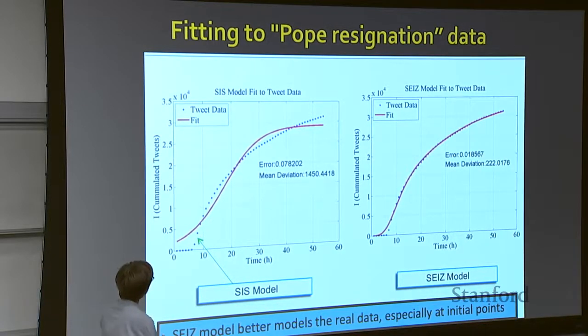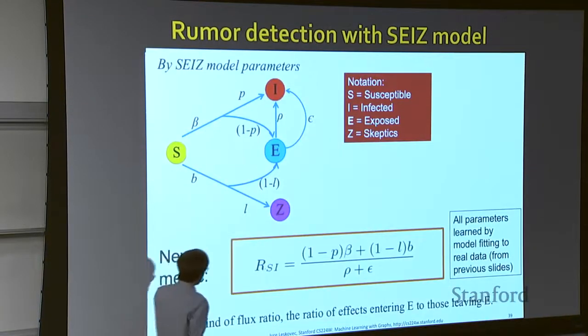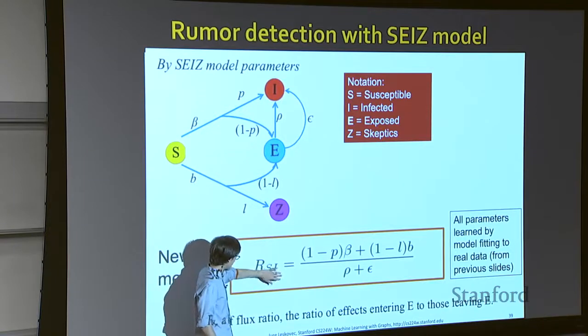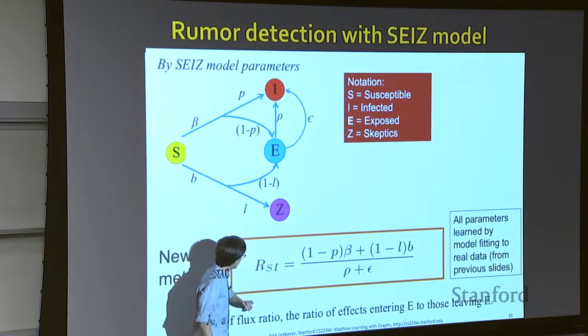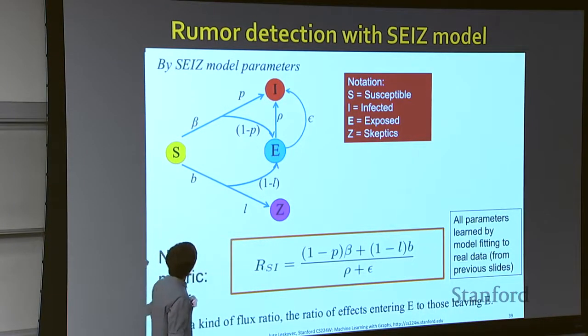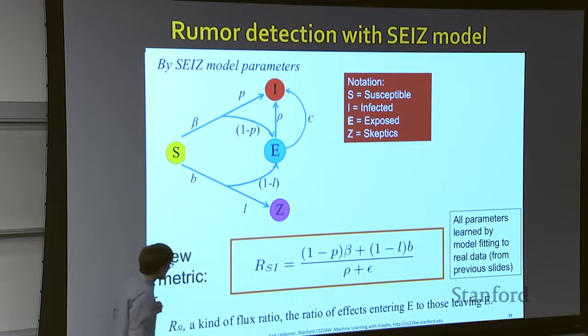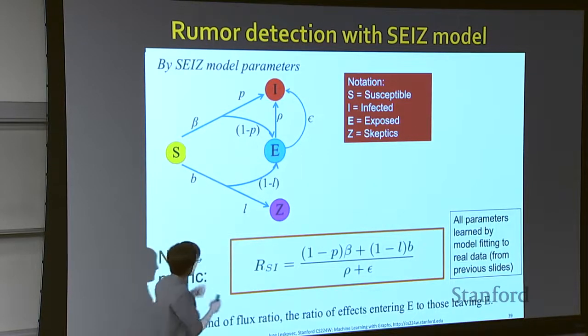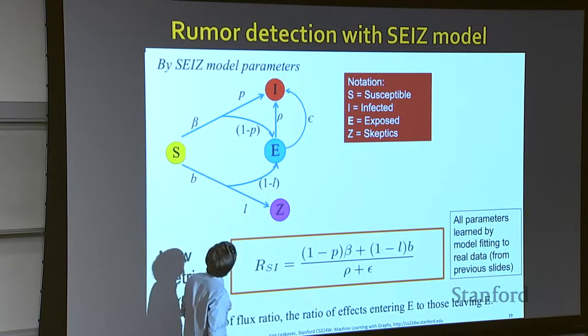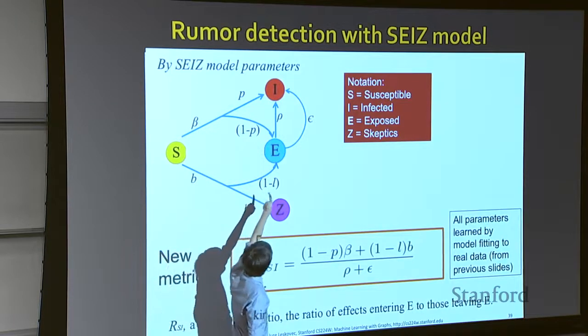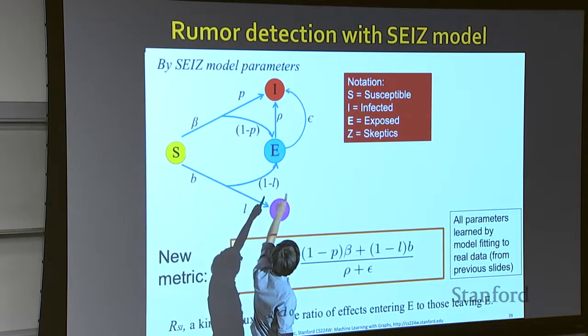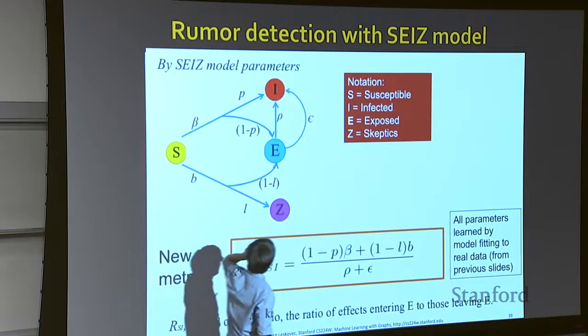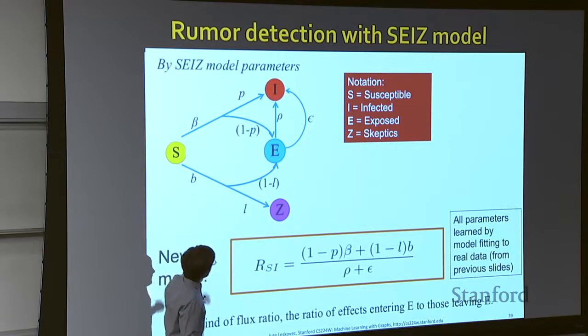What is then also interesting is that these guys came up with a metric that they call R sub SI. You can think of it as some kind of flux ratio between people moving between exposed and infected, and people moving into the exposed state.